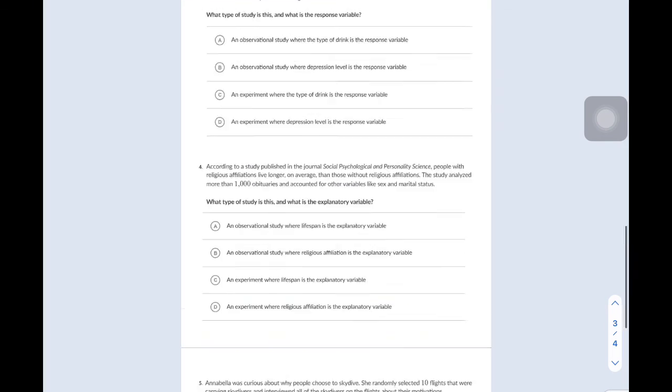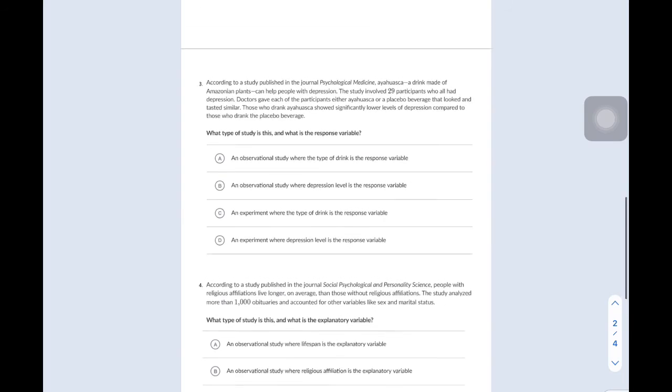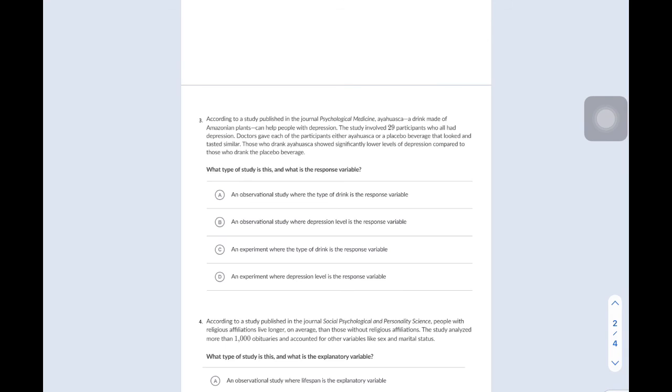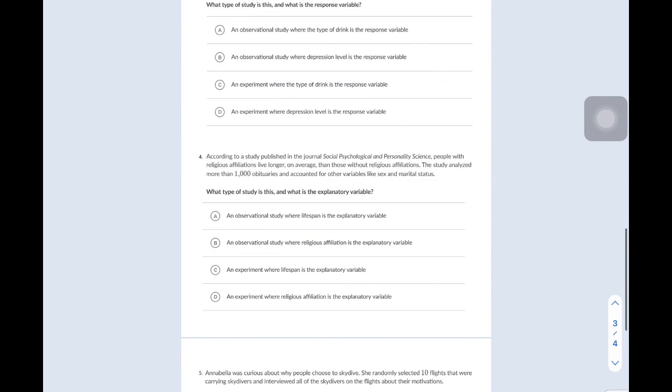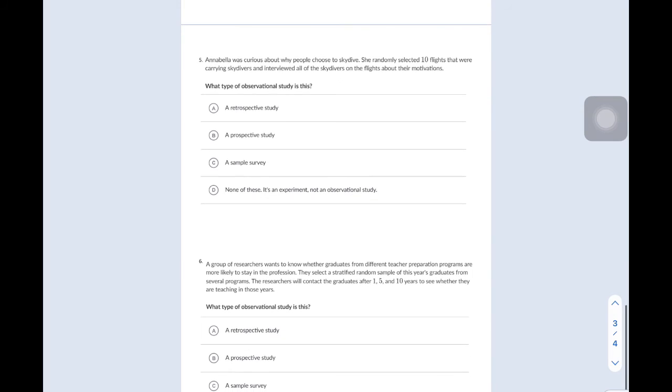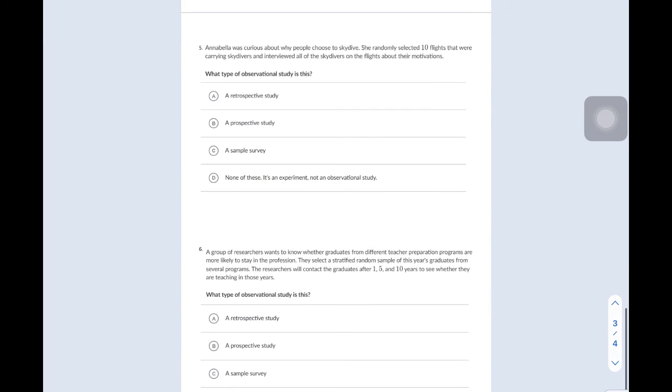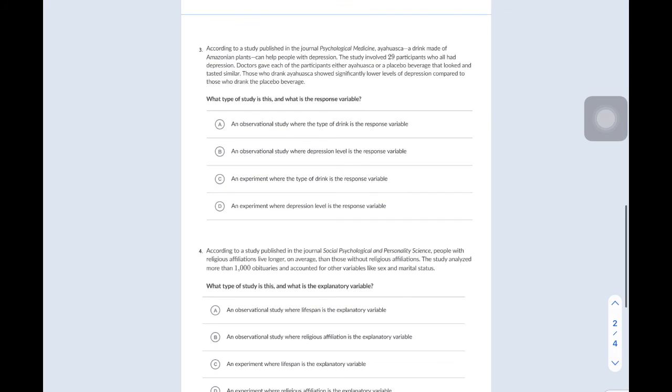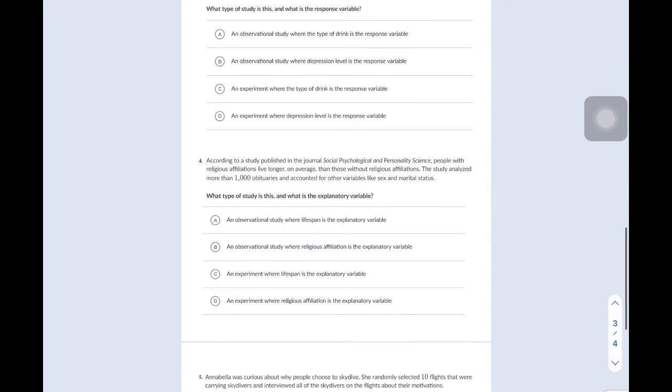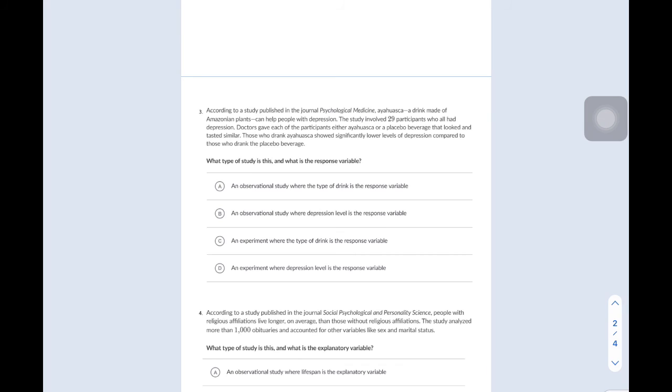Okay, the next 4 questions, I would like you to try on your own, and I will put what the answers are. What I will say is you should remember what a response variable is and what an explanatory variable is. Remember, a response variable is what you measure after the study or experiment, like your y variable.